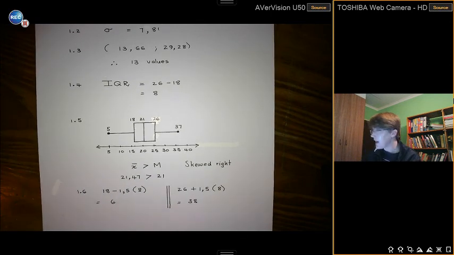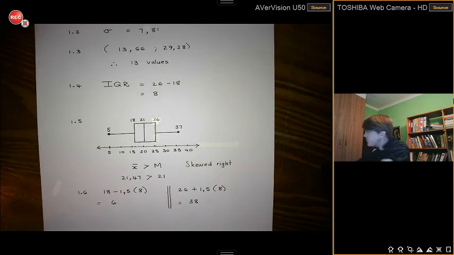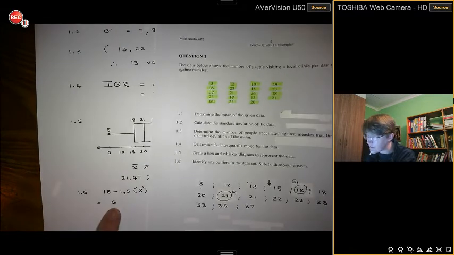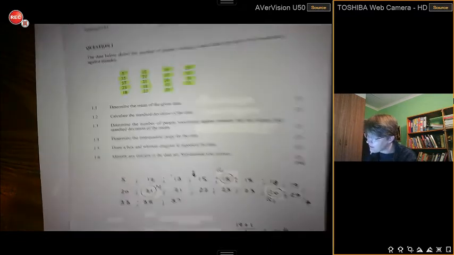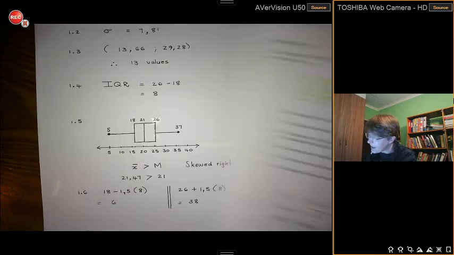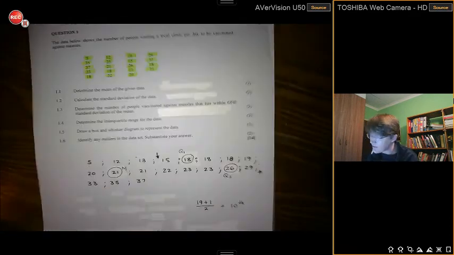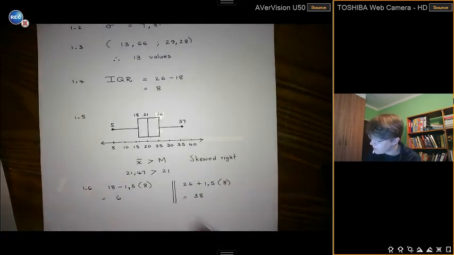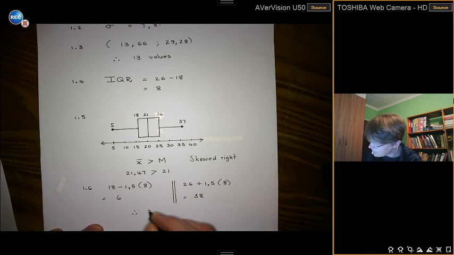And then looking at the data over here, I can clearly see 5 is going to be less than this value of 6. So 5 can be identified as an outlier at the bottom. But there's no value greater than 38, the biggest value being 37, so there's no outlier at the top. So therefore, you can say 5 is an outlier.